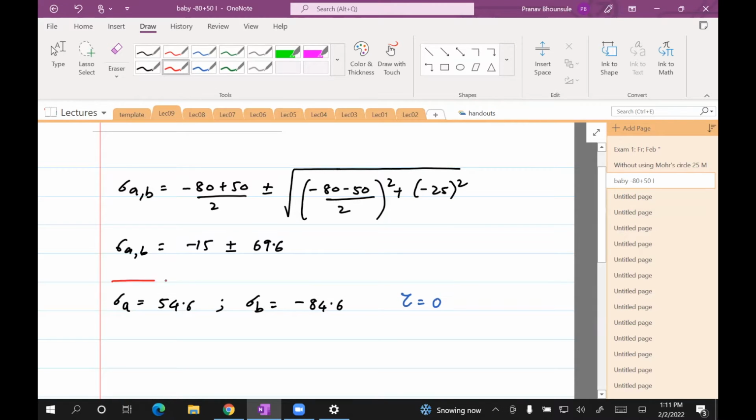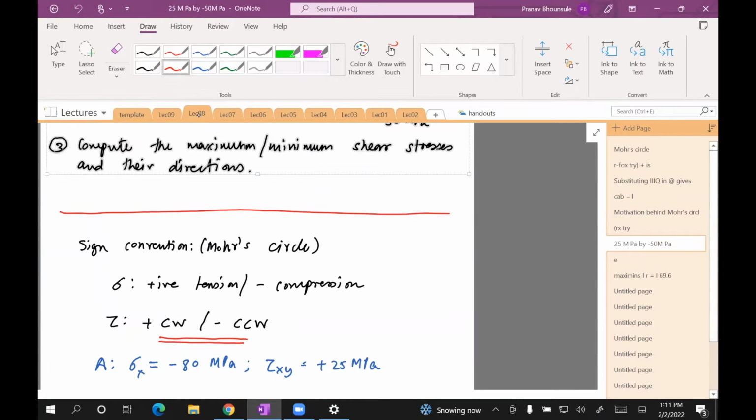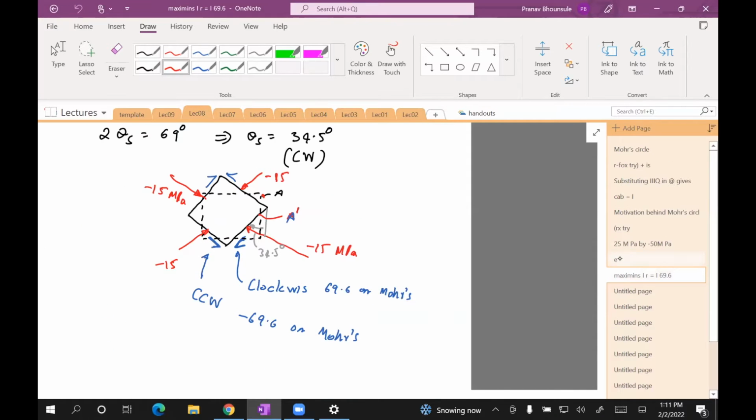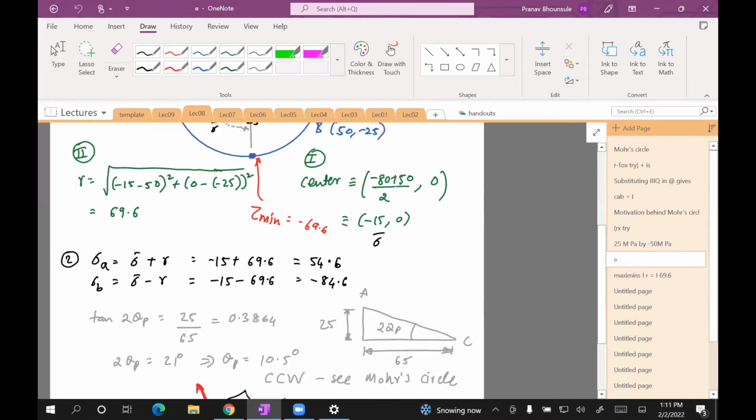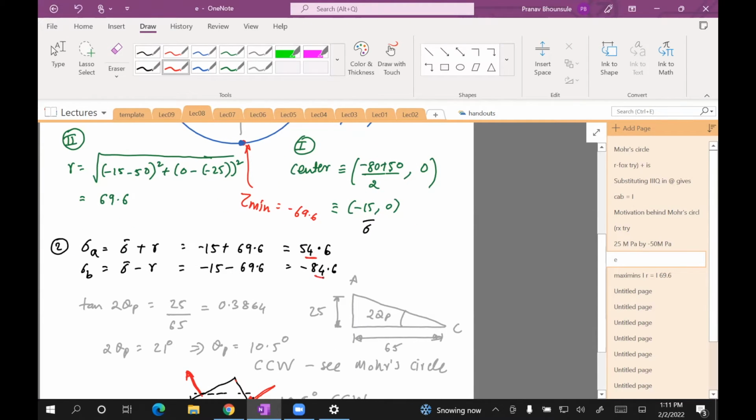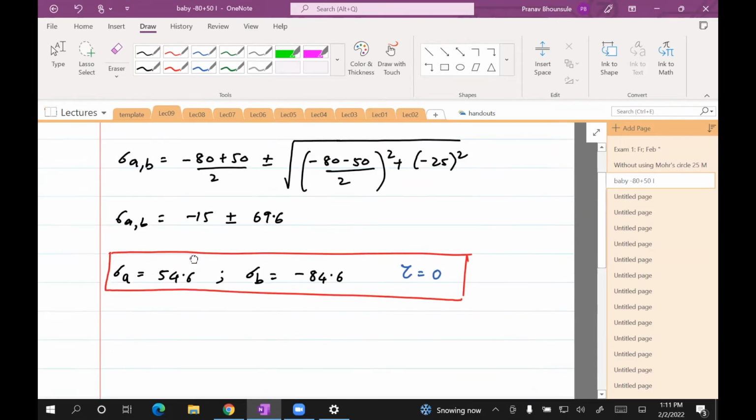So this is the answer for part 2. And if you compare this, remember 54.6, go back to the previous lecture. Our answer was 54.6 and 84.6. So that checks with what we got using the formula.